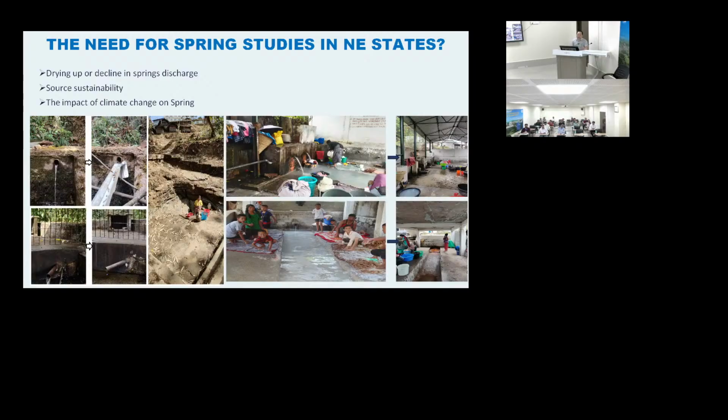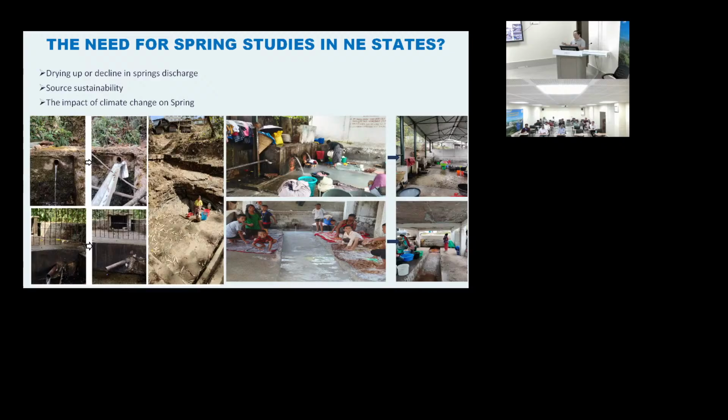And why is there a need for spring studies in northeastern states? Before it is too late, we can see a drying up or decline in spring discharge when we compare with the past 10 or 20 years. Some spring sources are slowly getting dried up, so there is an issue of source sustainability, because of the impact of climate change.